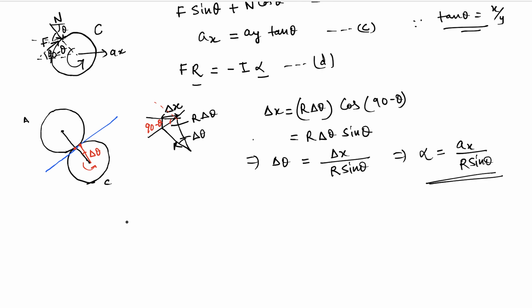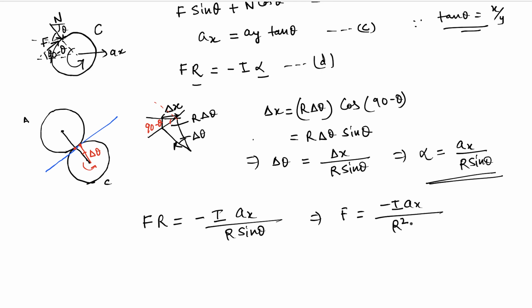So we can just use fr equal to minus I ax by r sine theta, okay, which is f equal to minus I ax by r square sine theta.